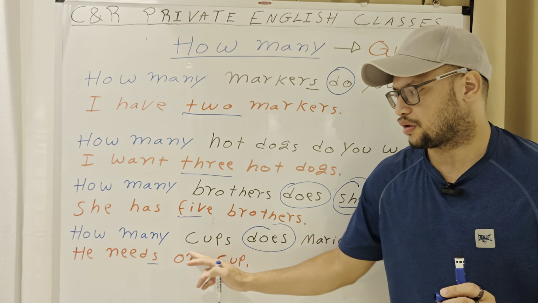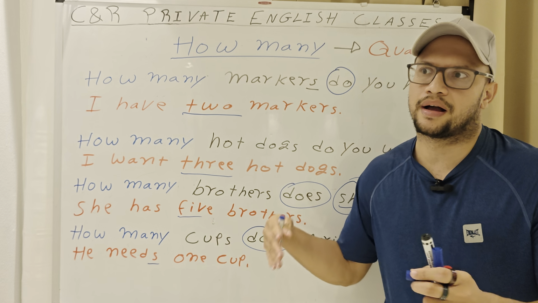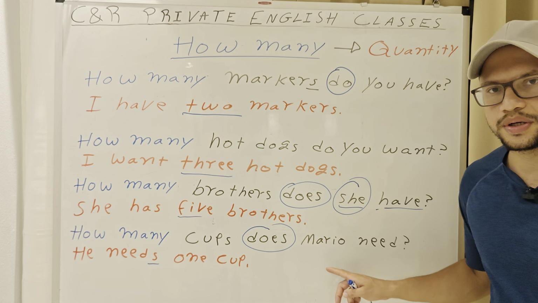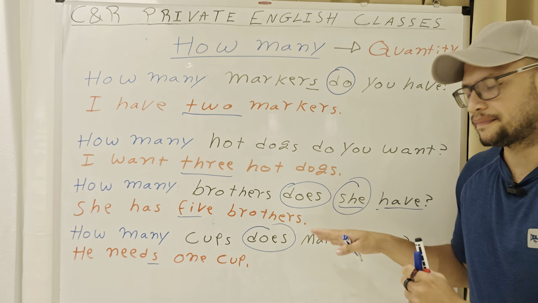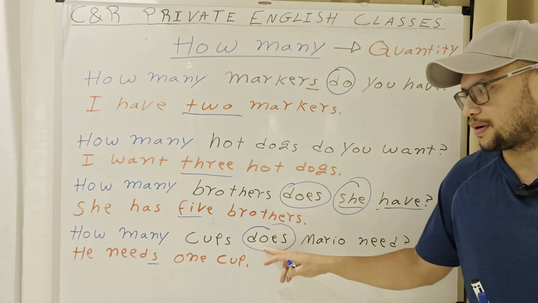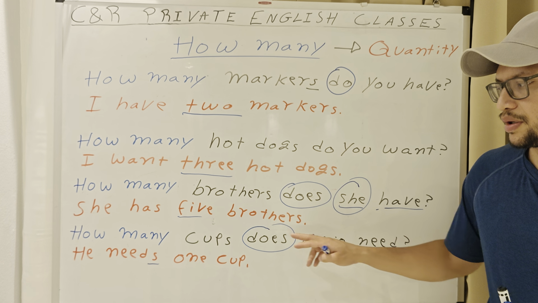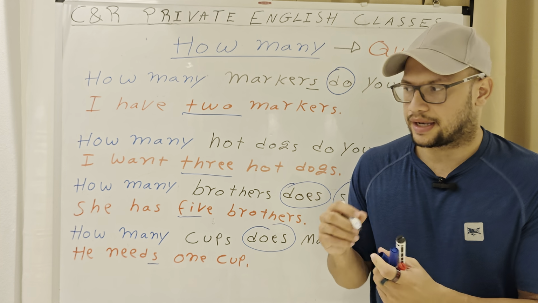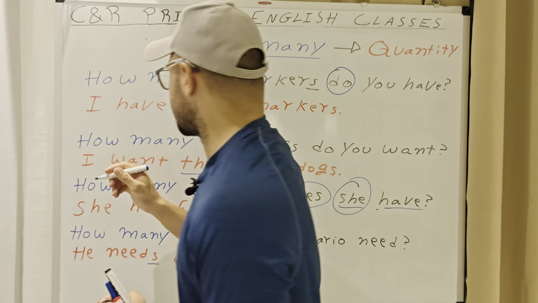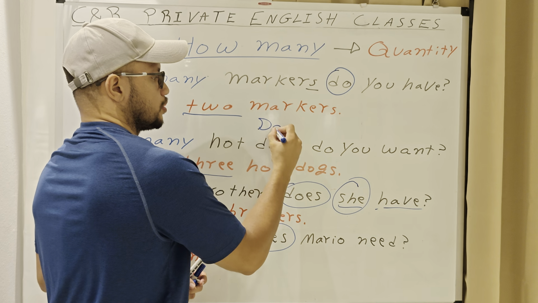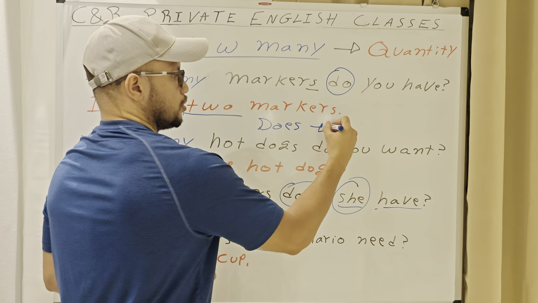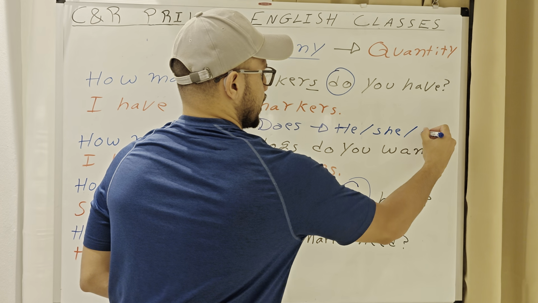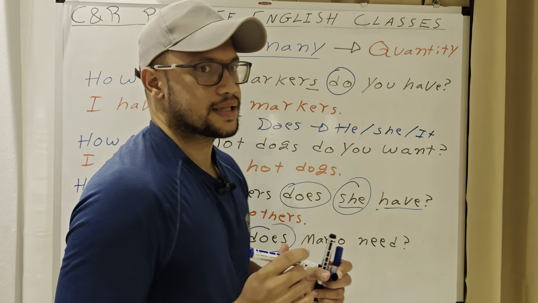How many, the object that you are talking about, whatever you want to know the number of, the person, Mario, he, she, and the verb. Remember, the auxiliary depends on the person. Here is does because we have Mario, and Mario is a he. Let's remember that we use does with he, she, and it, just in case.